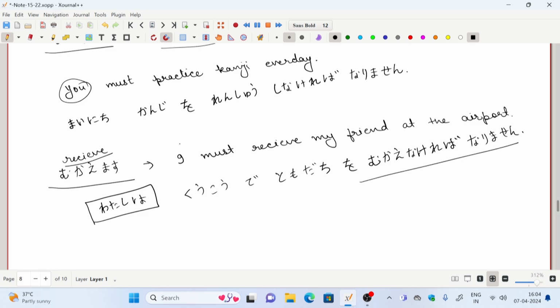So mukaenakereba narimasen is like, if I don't receive him, it won't work. So I must receive my friend at the airport. Kuko de tomodachi o mukaenakereba narimasen.